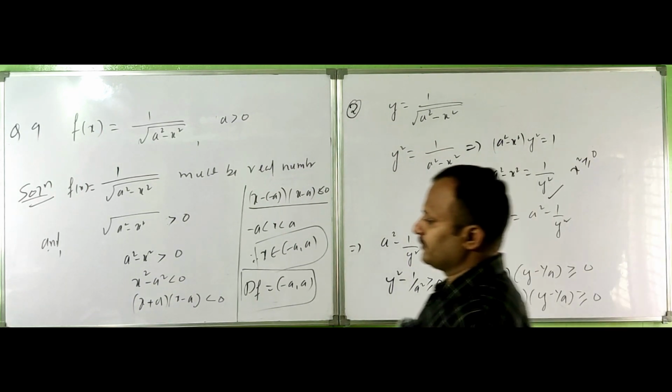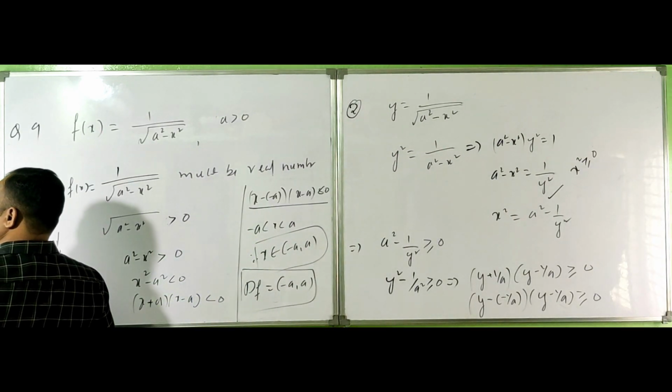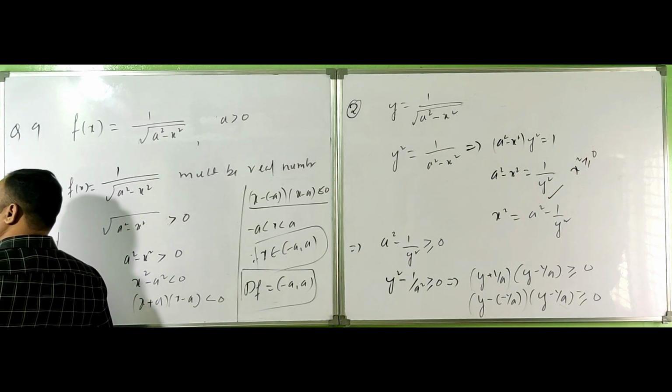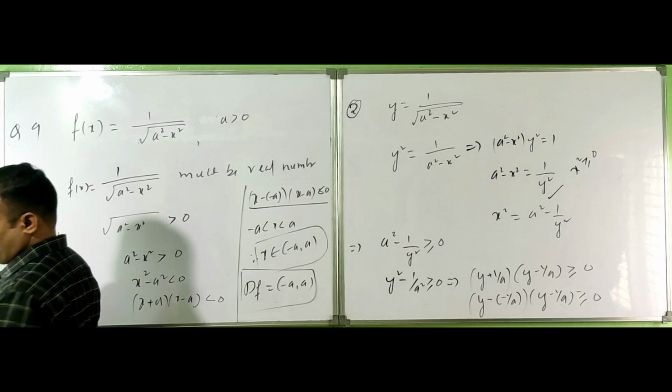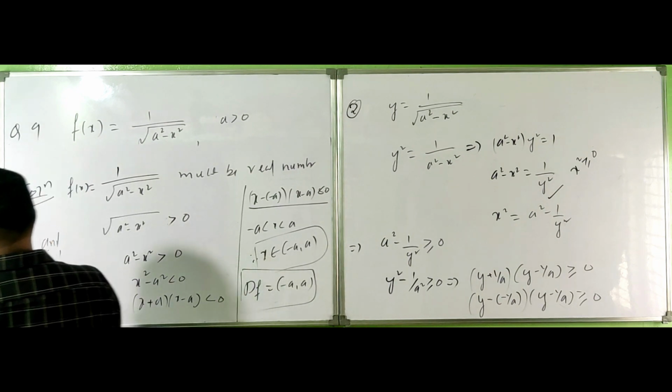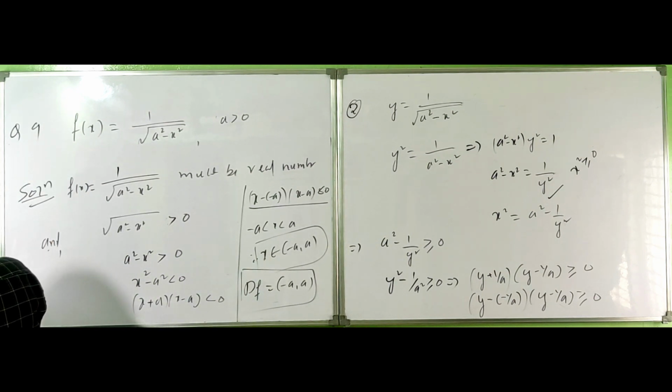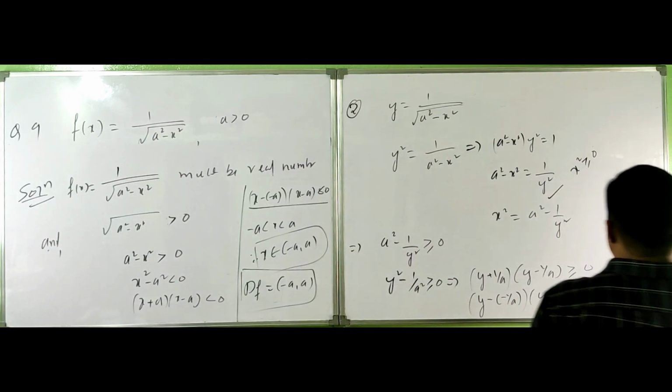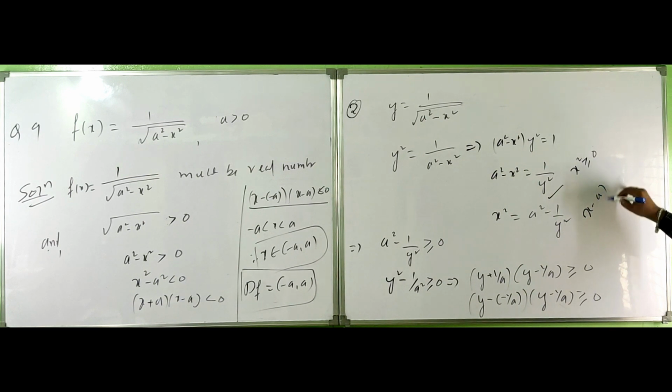What is our formula for this? For this we have a formula: if x minus a into x minus b is less than or equal to 0, then x is greater than or equal to a or x is less than or equal to b.